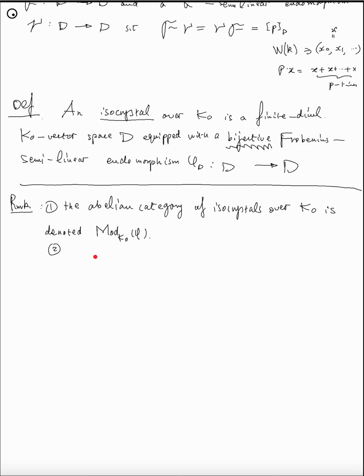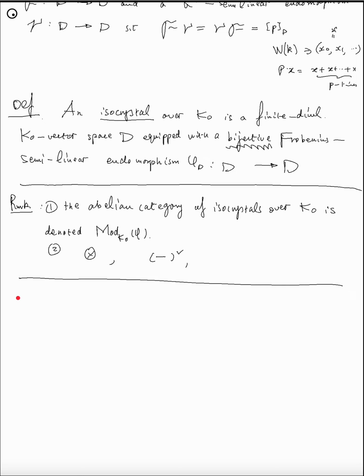There is a notion of tensor product in this category and duals. I think seeing things like this is related with Tannakian categories, but we'll not discuss it here.